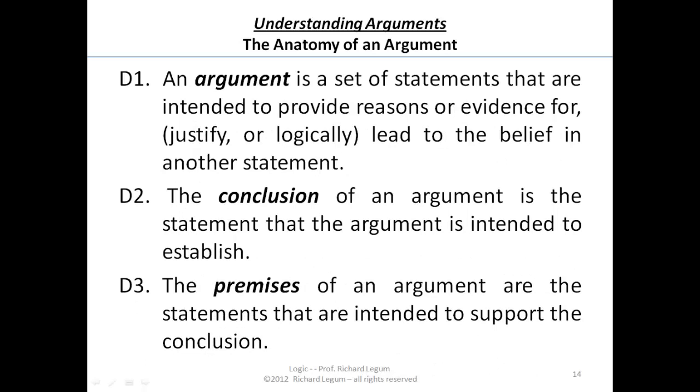There are three definitions. The first is that of an argument. D1: An argument is a set of statements that are intended to provide reasons or evidence for, justify, or logically lead to the belief in another statement.